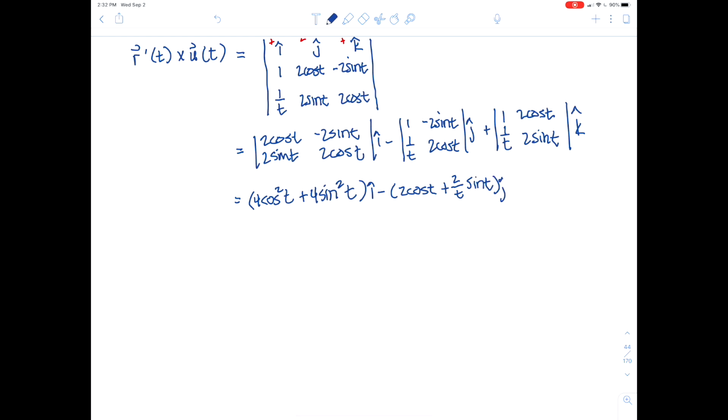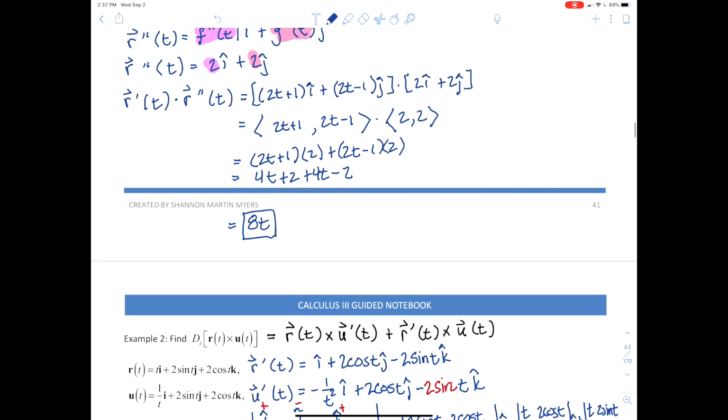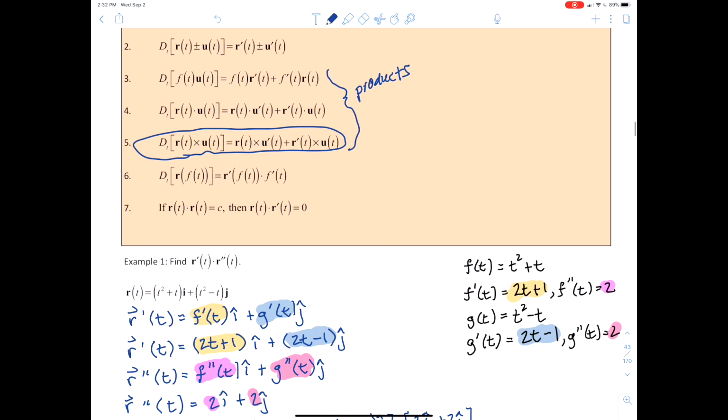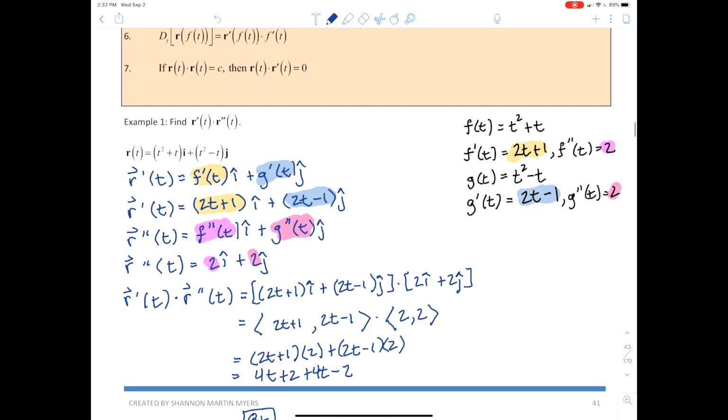That's times j. And then plus 2 sine t minus 2 over t cosine t, and that's all times k. All right, so now that we found the two cross products, remember we're looking here at what we had done, so now we need to add those two results, okay?